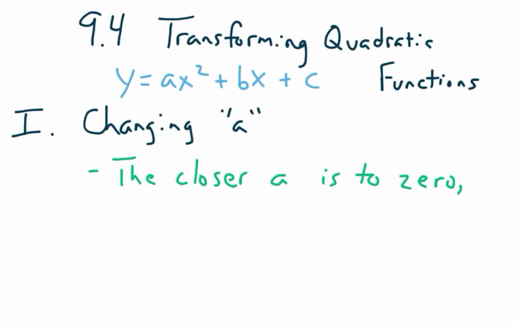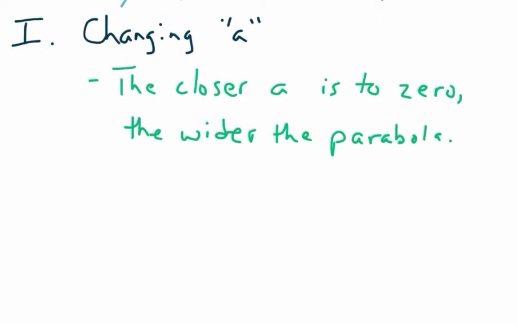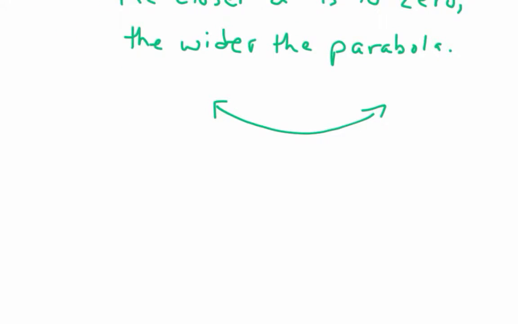It's going to be a wider parabola. So the wider the parabola. And in case that whole wider doesn't make a whole lot of sense, I'm just going to draw a really wide parabola, something like that. So that would maybe be like y equals 0.1 times x squared or something like that.